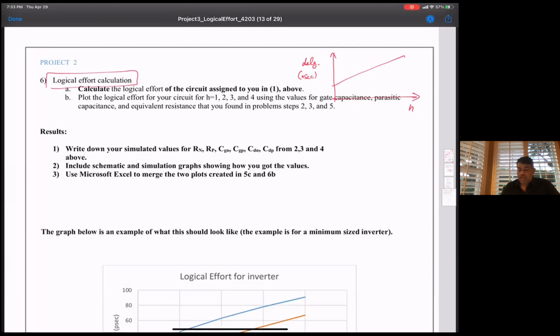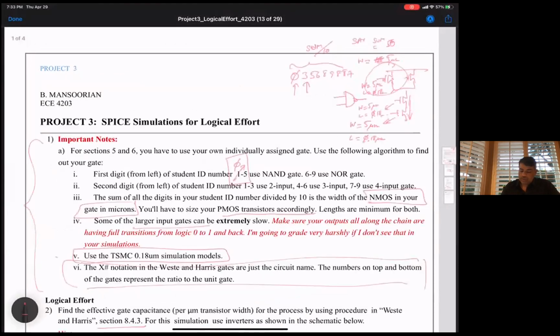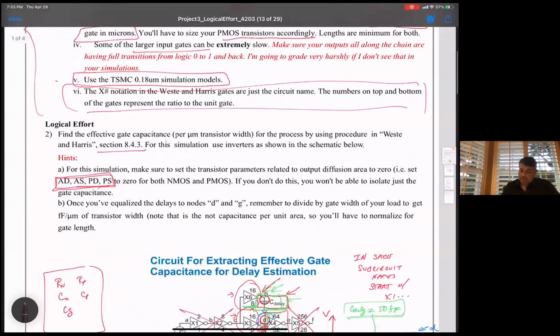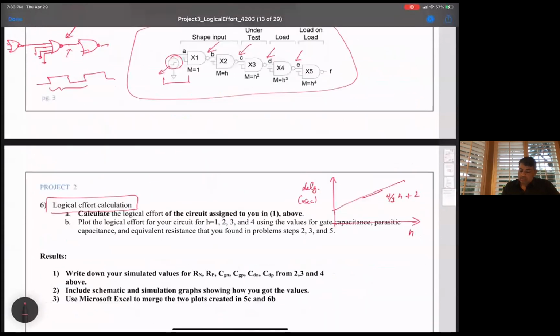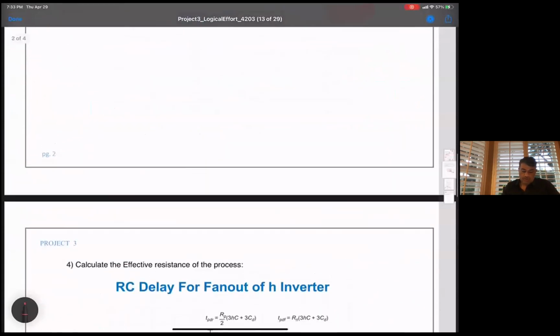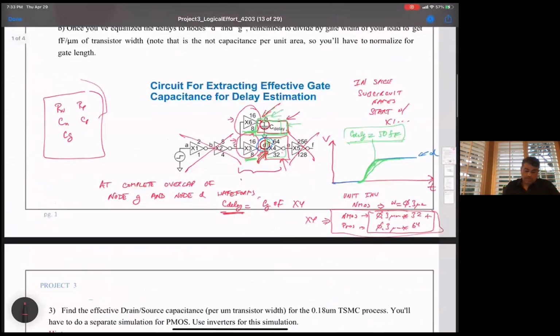So if you had a NAND, this slope would be 4/3 H, and then the P would be, I think, 2 plus 2, and then you'd multiply that by 3 RC, where I've calculated the R's and C's from here.